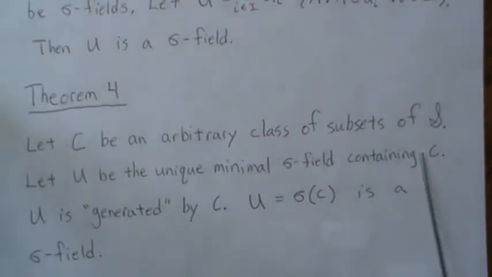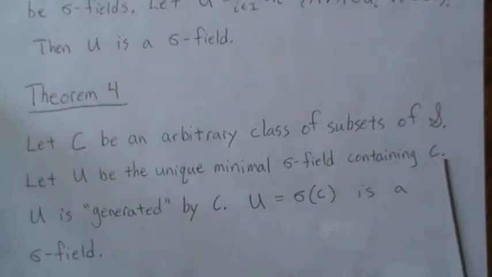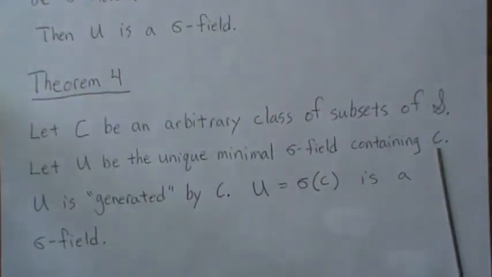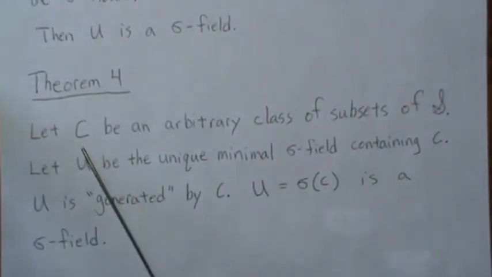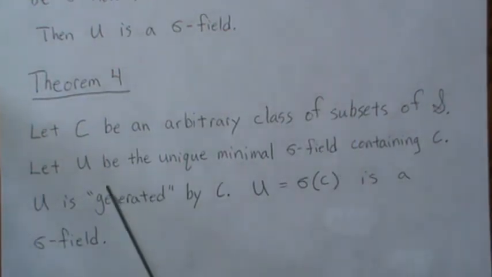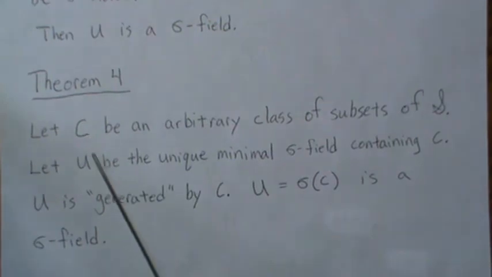We don't know. It's just a subset of our sample space. We're going to let U be the unique minimal sigma field containing C. So that means that of all the sigma fields that contain C, we want the smallest one of those. And we're going to let U denote that.